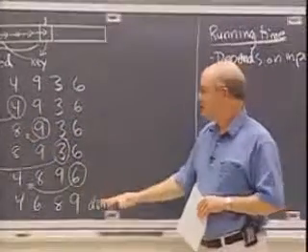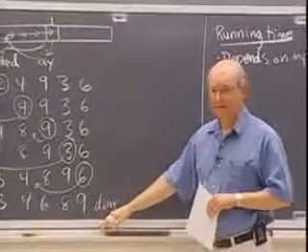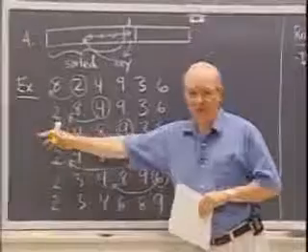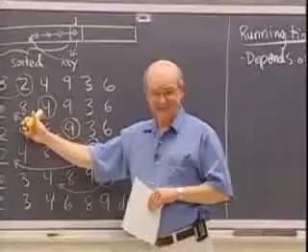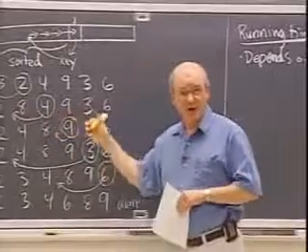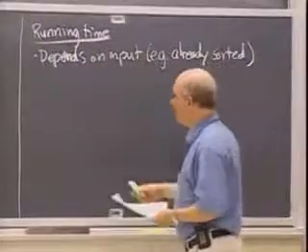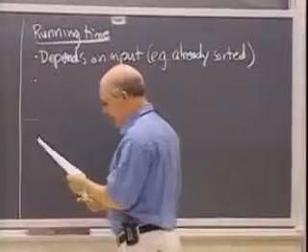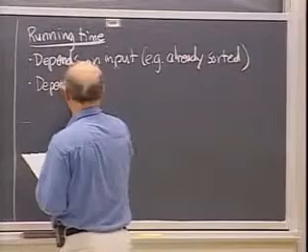Whereas, in some sense, what's the worst case for insertion sort? Yeah, if it's reverse sorted, then it's going to have to do a lot of work, because it's going to have to shuffle everything over on each step of the outer loop. In addition to the actual input, it depends, of course, on the input size.